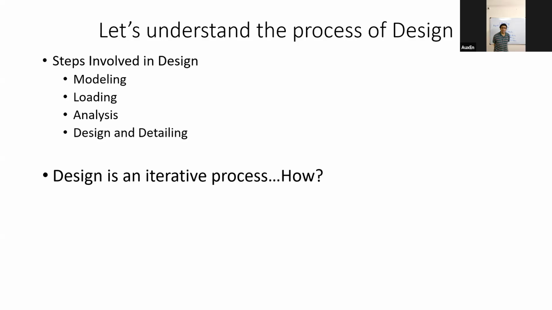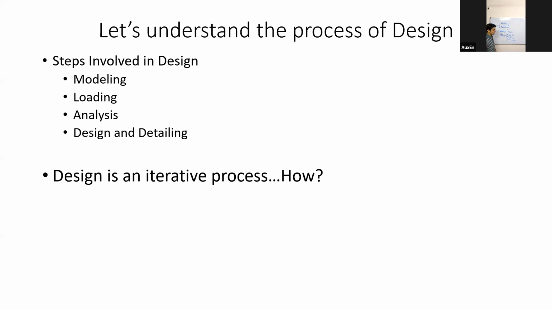How to get out of it is to start by providing some assumed sizes. The way out is to provide some assumed sizes. So this is where some basic codal provisions or some basic thumb rules or some basic code criteria come to help us. All right.